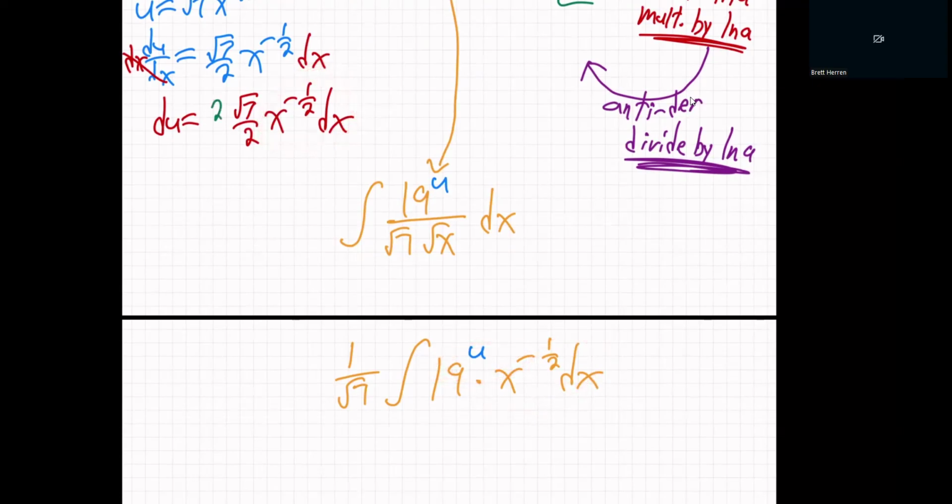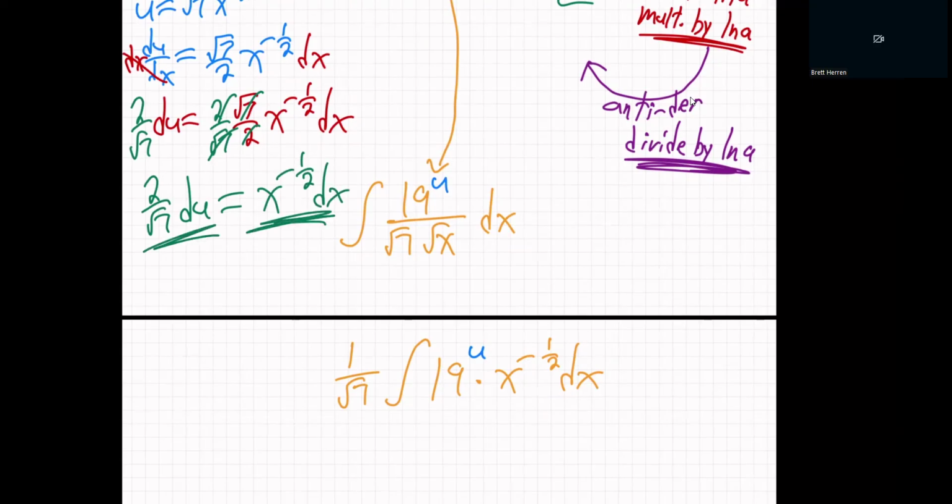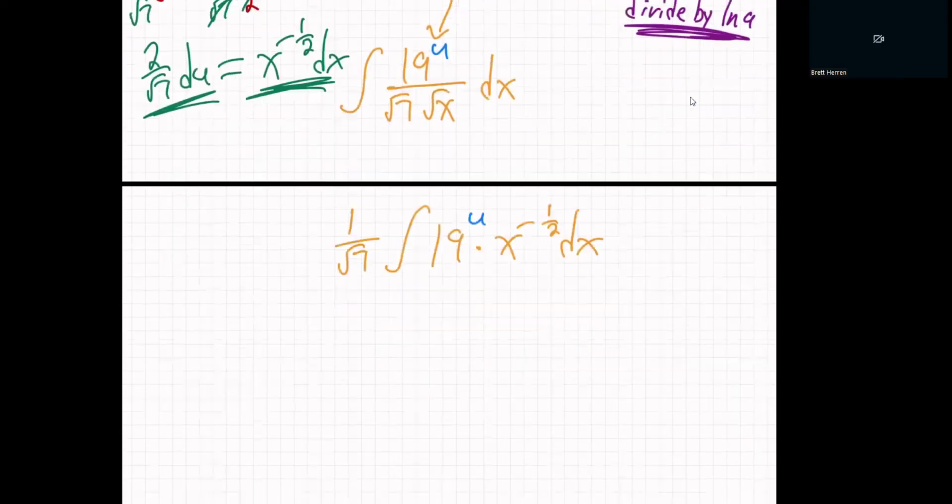Let me just multiply top and bottom: 2 over root 7 cancels that out. What I do to one side, I do to the other. So 2 over root 7 du is x to the minus a half dx, right? So wherever I see x to the minus half dx, I can replace it with 2 over root 7 du.